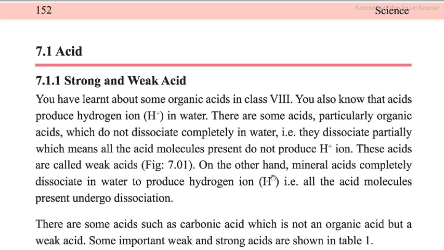On the other hand, mineral acids completely dissociate in water to produce hydrogen ion H+. That is, all the acid molecules present undergo dissociation. Now the question is, what is mineral acid?